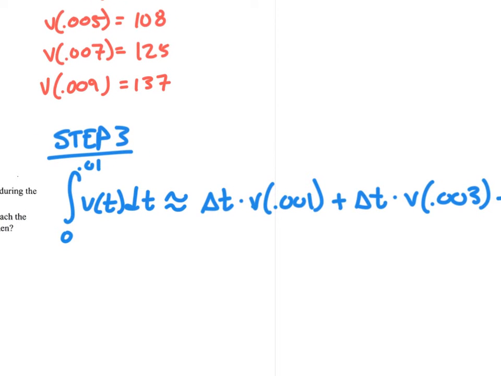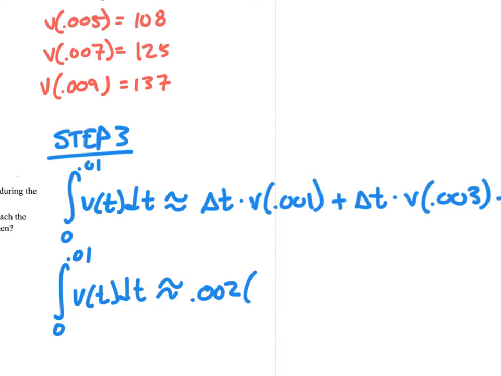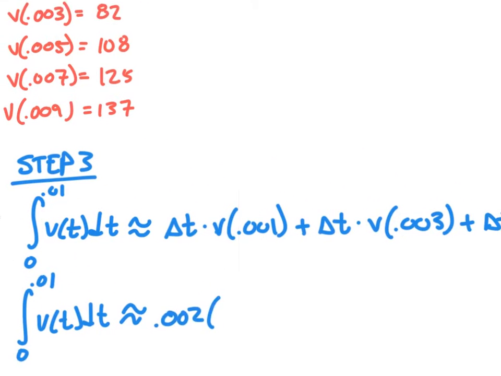Okay, but I need to rewrite this and say that my integral between 0 and 0.01 of my velocity function dt is approximately equal to the following. I'm going to do 0.002 times, okay, what's my height? All right, 40.